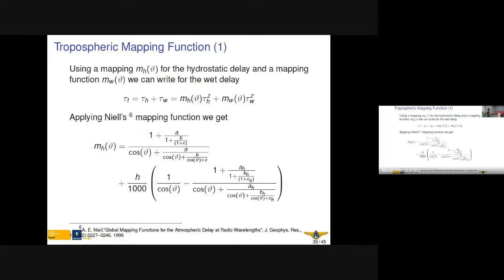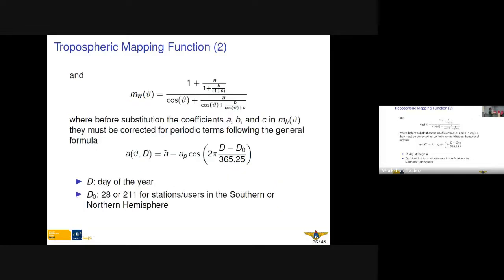So we have two coefficients, MH of theta here, and we have MW of theta also given here. We have a lot of coefficients A, B, C, where before substituting the coefficients A, B, and C in MH, they must be corrected for periodic terms following the general formula.